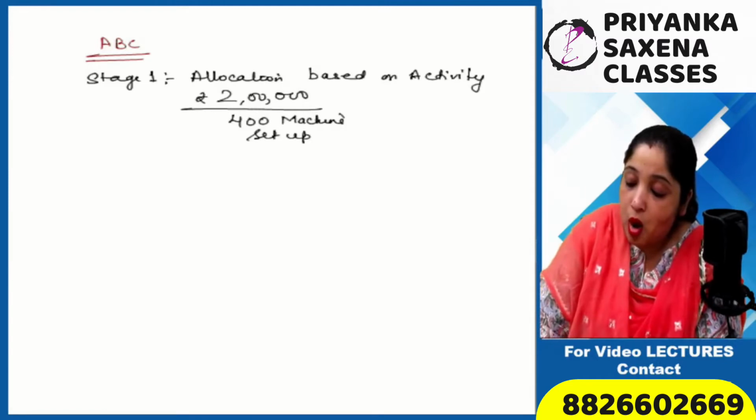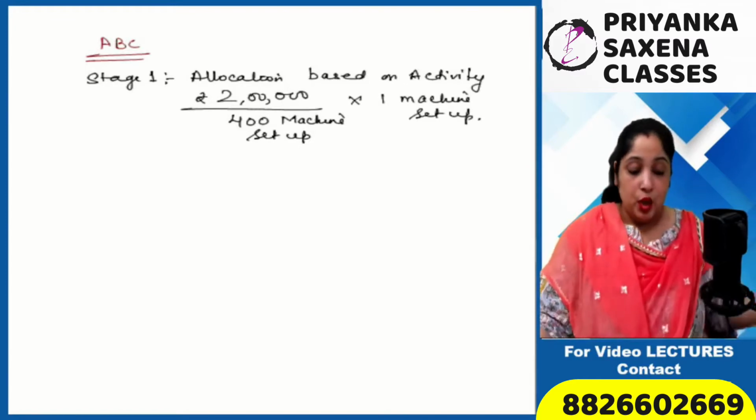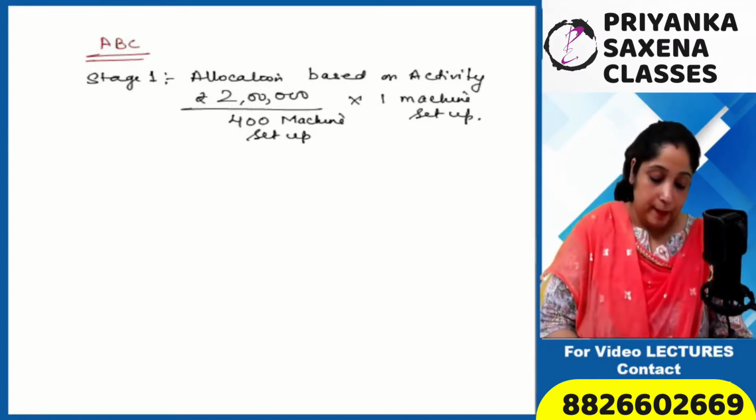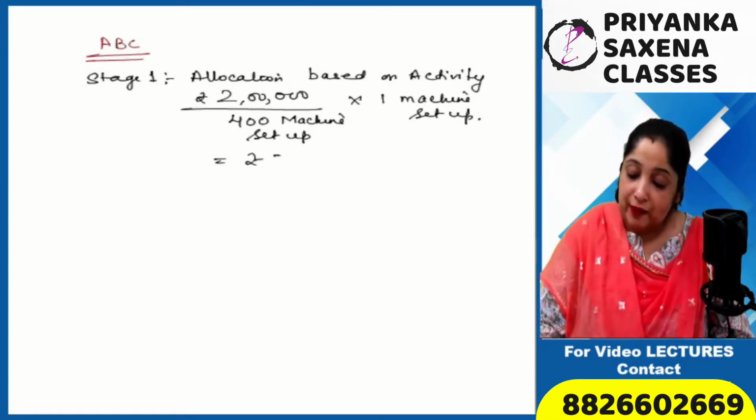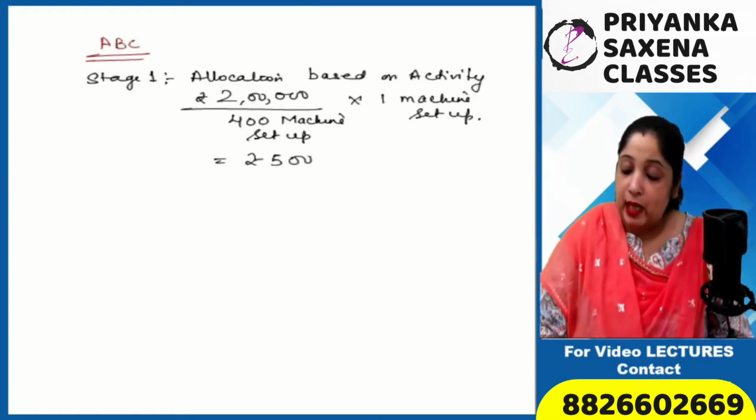So what is the cost for one machine setup? Can we compute this? Yes, we can. This comes out to be 2 lakh divided by 400, which is rupees 500 spent every time we set up the machine.